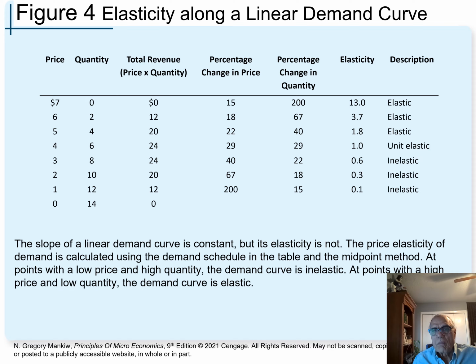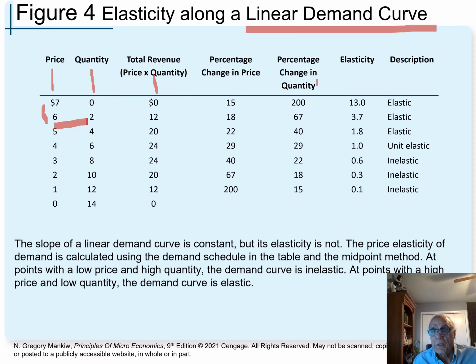And this table shows the linear demand curve elasticity at different prices. You see, this column is the price, this column is the quantity bought and sold, this is the total revenue, and this column is the percentage change in the price, from here to here, 15%.